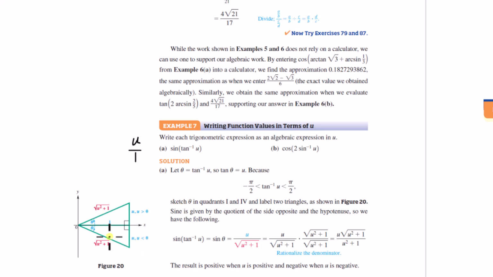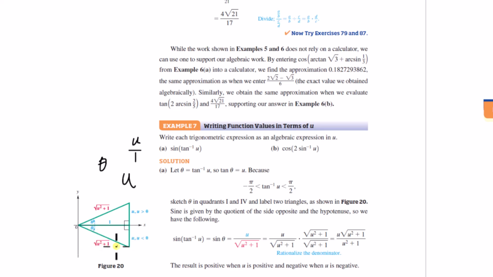So if you want to think about the sine of this angle, inverse tangent of u, theta can be positive or negative. So theta is like a variable as well. Theta can be positive or negative in the same way u can be. Then the sine of theta is just u over square root of u squared plus 1.